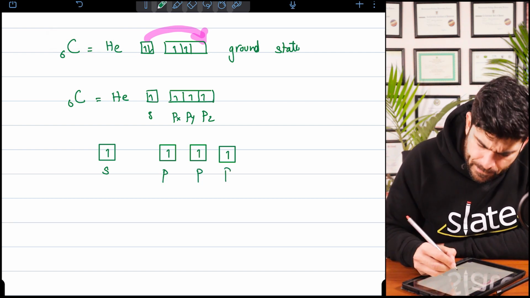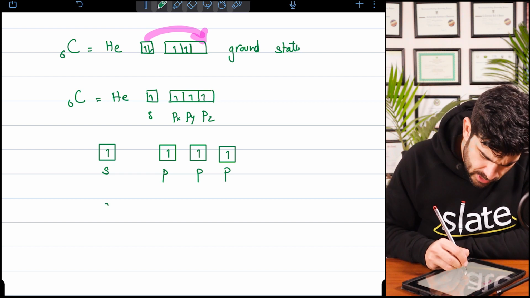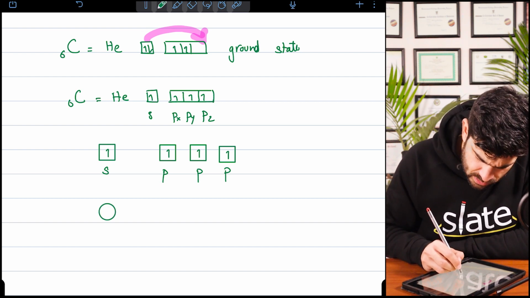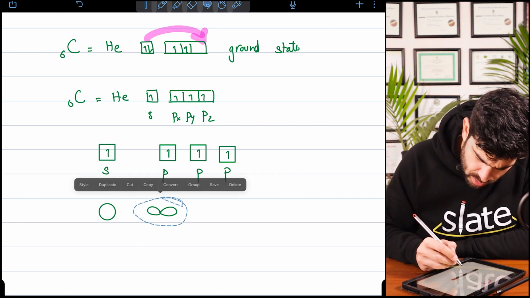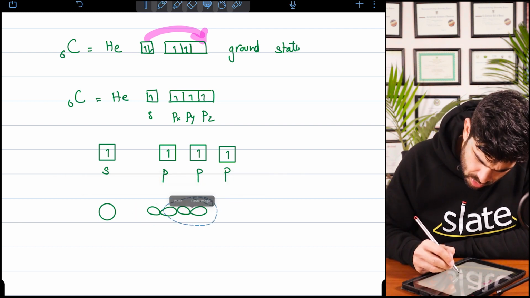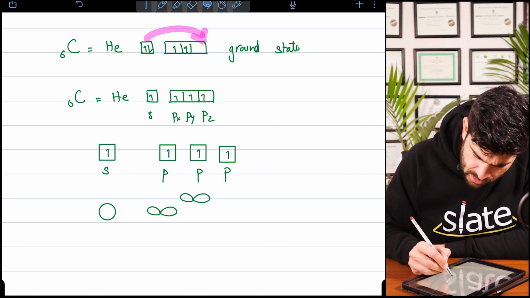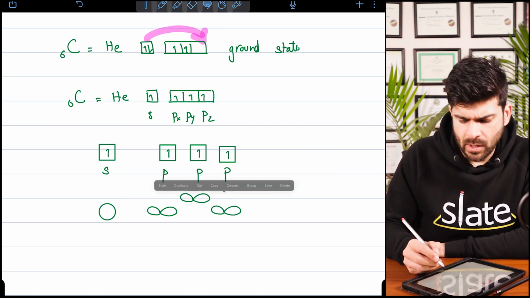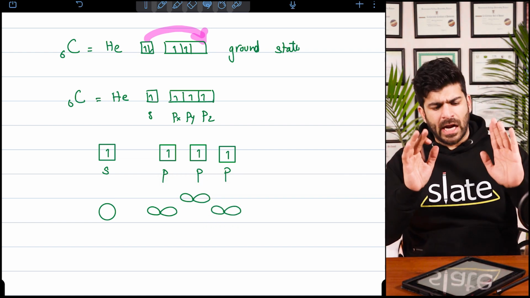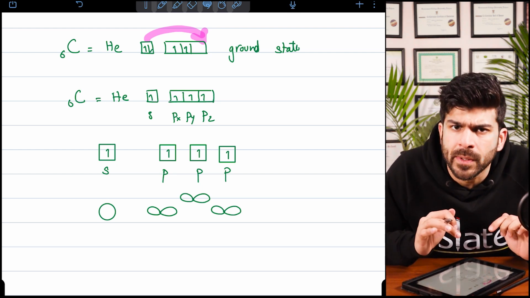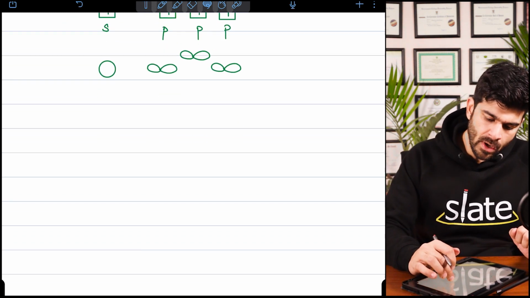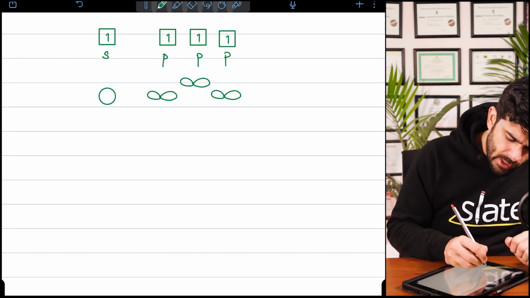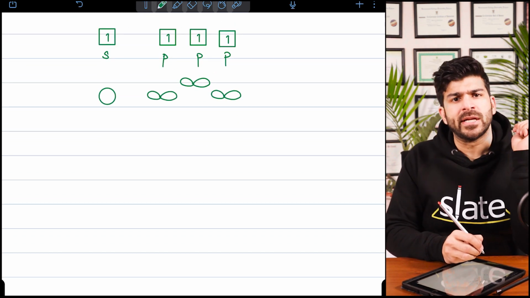P, P, P. If we make the shapes, this is S, this is P, this is another P, and this is another P. So that is what we have in a carbon atom in excited state. From here on, we will study 3 types of hybridizations.